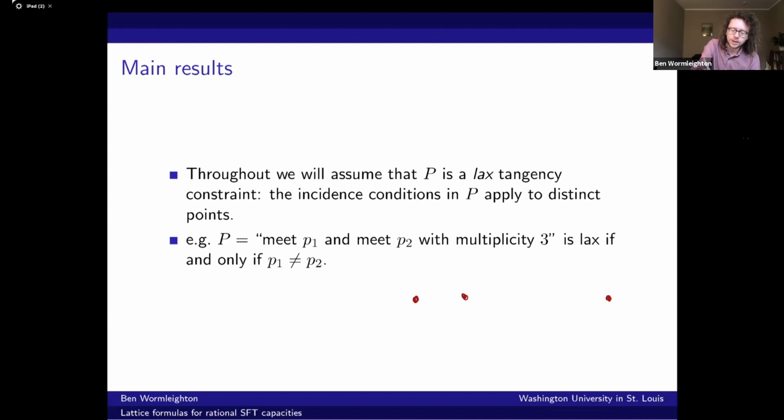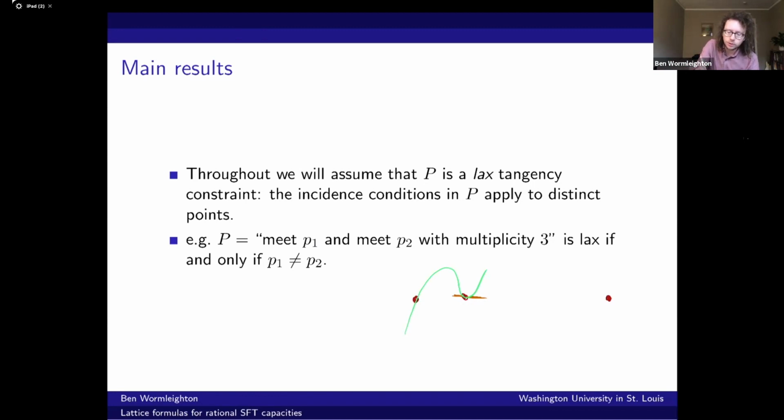the two possibilities we could have: if P1 and P2 were different, this tangency constraint looks something like this. This is my little schematic of a point P1 and a point P2, and I've drawn a little local divisor nearby. This first constraint is asking me to pass through P1 and then pass through P2 with multiplicity 3.